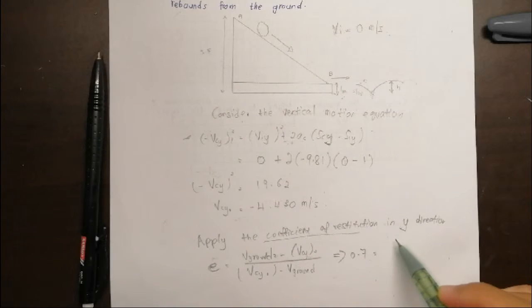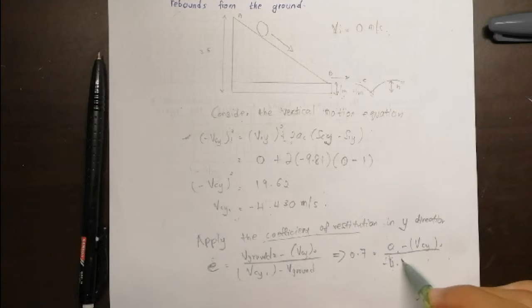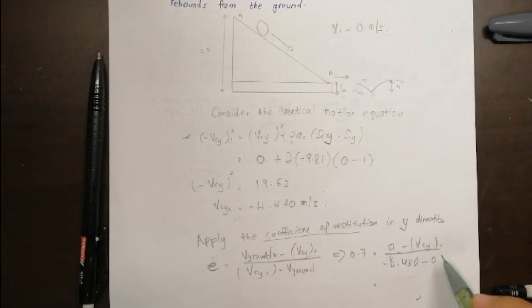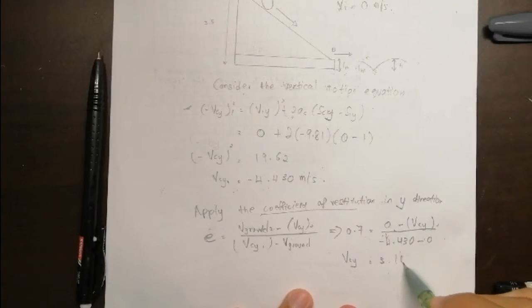We have v ground is 0, vCy2 we want to find, over negative 4.43, 0 minus 0. So we solve this equation, and we got 3.101 meter per second.